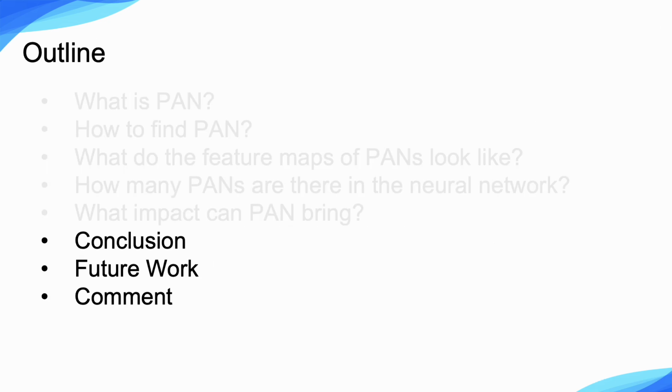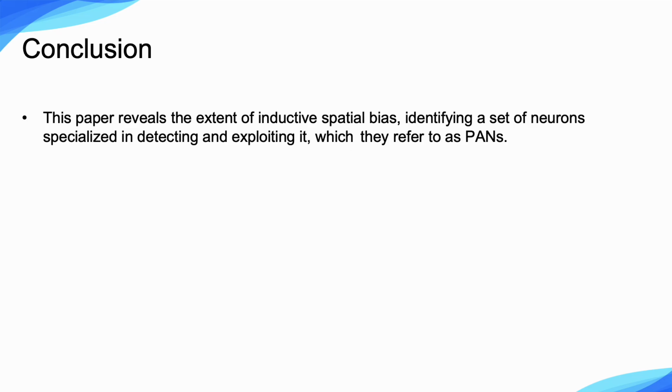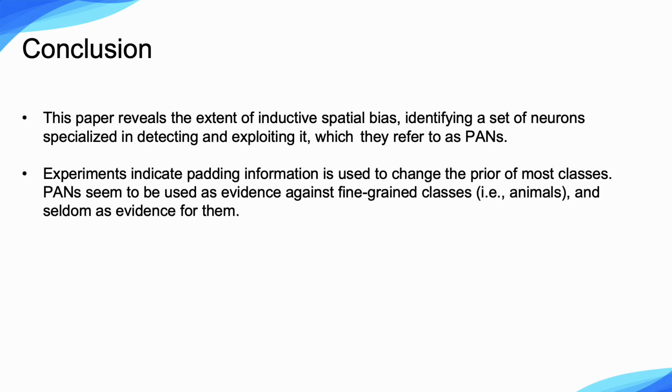So, finally, the conclusion, future works, and comments. This paper reviews the extent of inductive spatial bias, identifying a set of neurons specialized in detecting and exploiting it, which they refer to as PANs. An experiment indicates padding information is used to change the prior of most classes, and PANs seem to be used as evidence against fine-grained classes, and seldom as evidence for them.